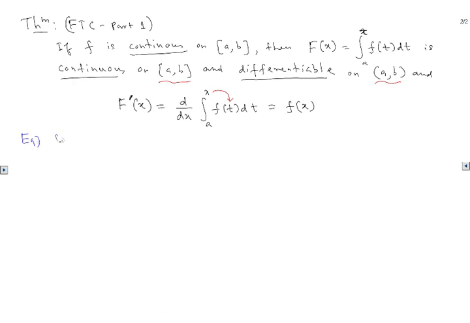Let's use the fundamental theorem of calculus to find dy/dx, the derivative, if we do a couple of examples.